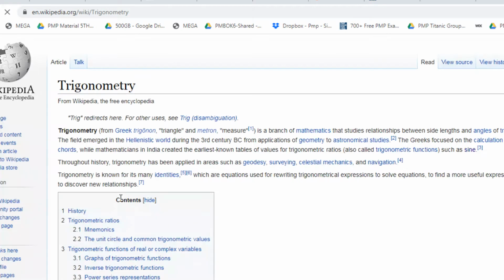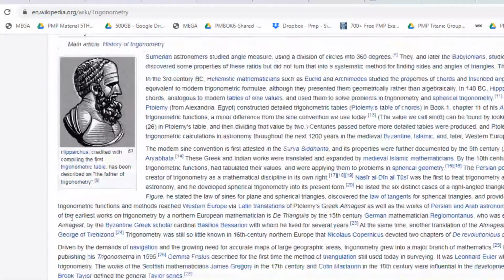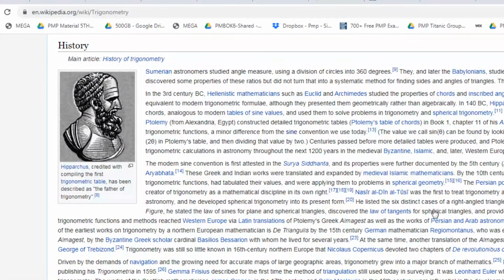If you're familiar with what kind of functions or theories are used, the main origin of this trigonometry is from a guy named Hipparchus. Hipparchus is actually the inspiration of these trigonometry values.